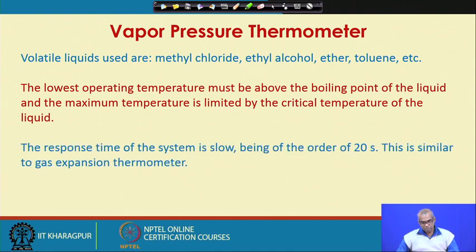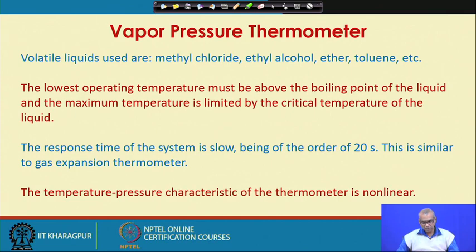The response time of the system is slow, being of the order of 20 seconds, and this is similar to the gas expansion thermometer. The temperature pressure characteristic of the thermometer is non-linear. So, the calibration will be non-linear.